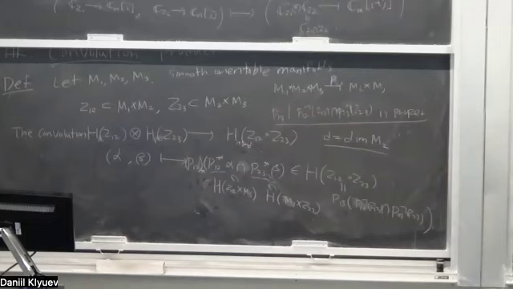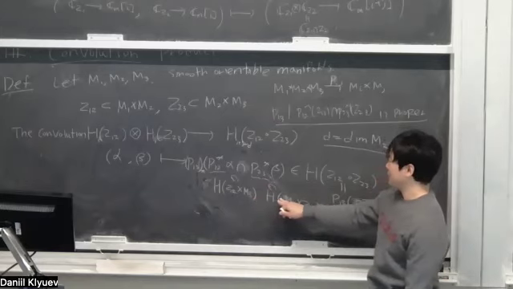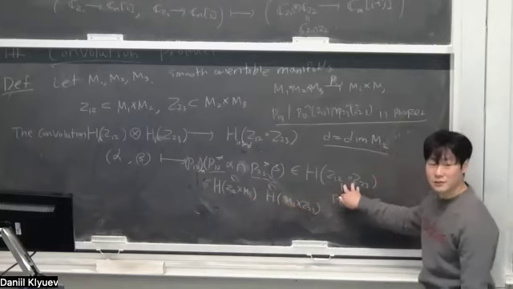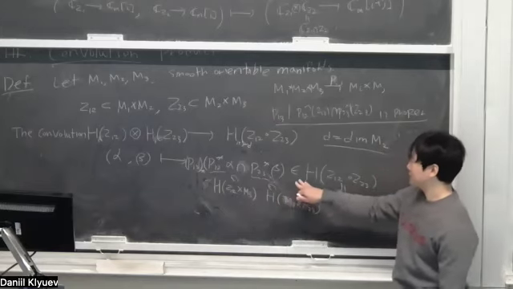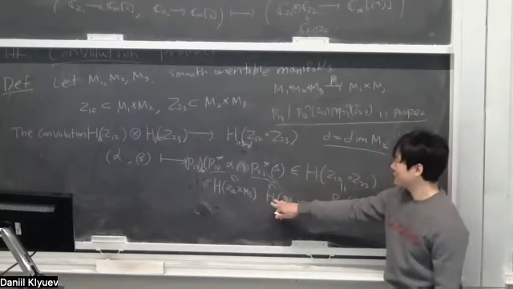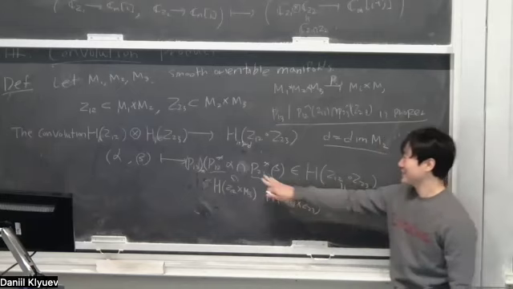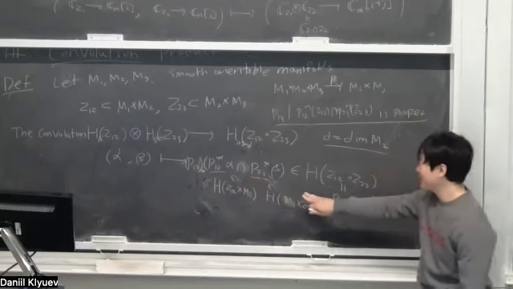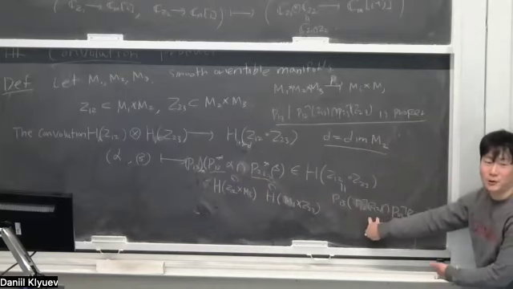But when you say the stuff you wrote in the last step, that a priori is a homology class, right? So what do you mean by H of that thing? Oh, this is not a homology class, this is just a set theoretic operation.